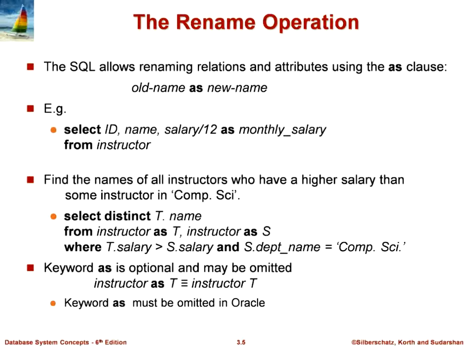So some instructors t have a higher salary than the other instructors s, and those having less salary are specified by s.salary. The s.salary values are the salaries of the instructors who are from computer science, so s.dept_name is equal to computer science. The use of the keyword as is optional and can be omitted as well. Instead of writing instructor as t, you can write instructor t.